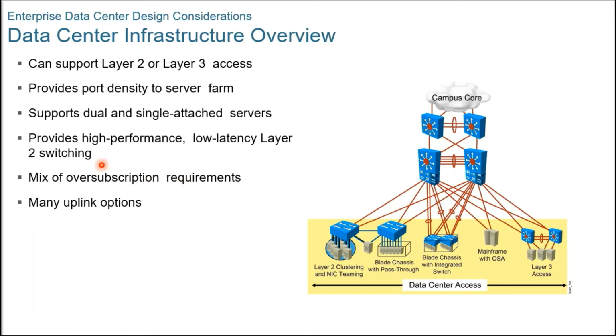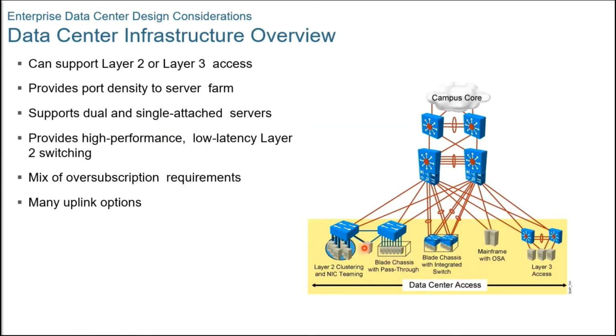Servers can be single or dual attached. With dual attached NICs in the server, a VLAN or trunk is required between the two redundant access layer switches to support having a single IP address on the two server links to two separate switches.